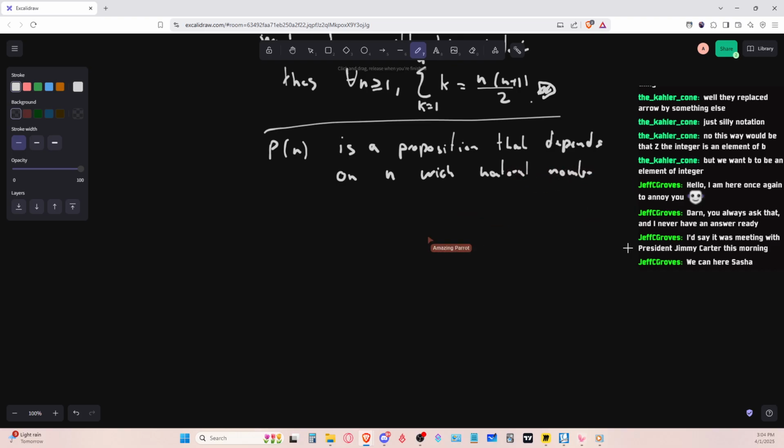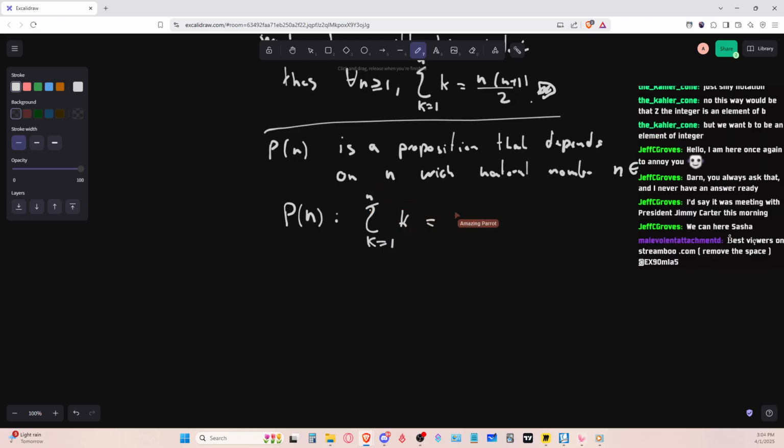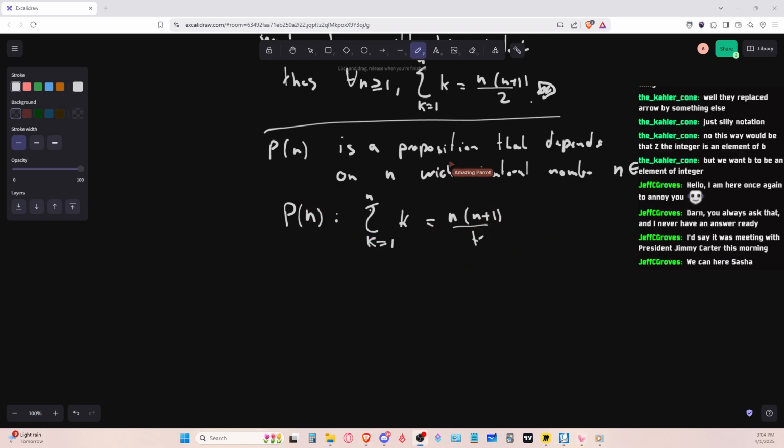For example, if we want something concrete, we could take the previous problem. In our previous problem, our proposition P(n) could be that for a natural number n, this equality holds. You see that the propositions depend on which n we're choosing.